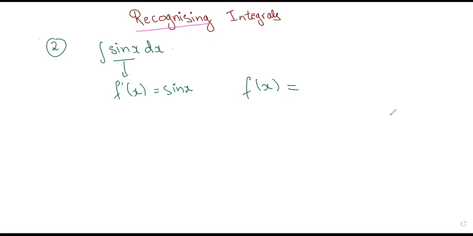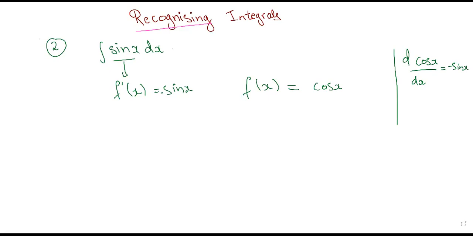So we know one thing. Okay, now listen. We know that the derivative of cos x is minus sine x, right? So if we write down cos x here, the derivative should have been minus sine x.